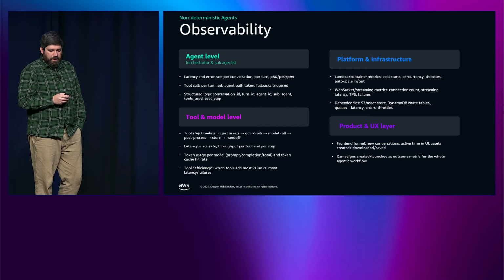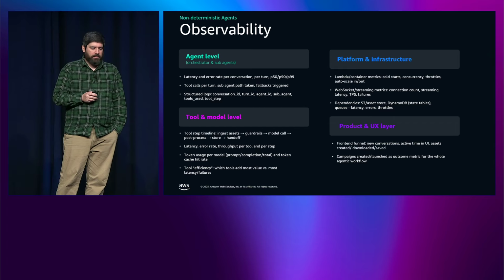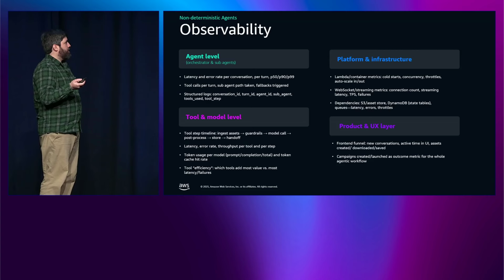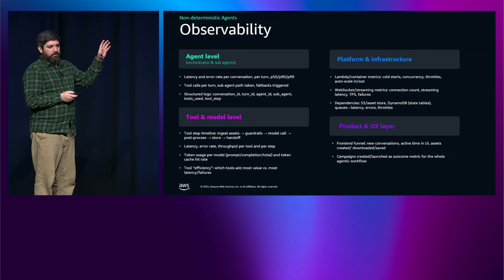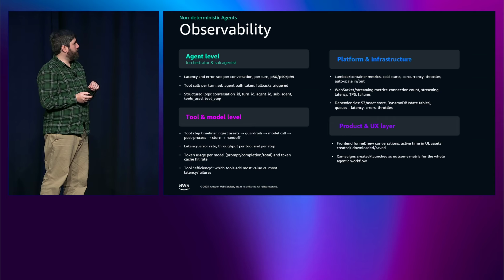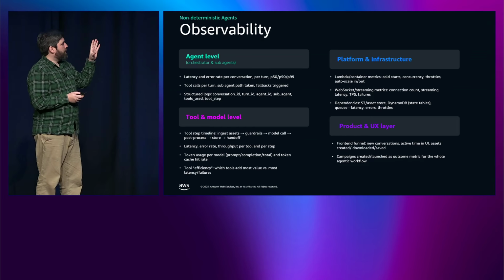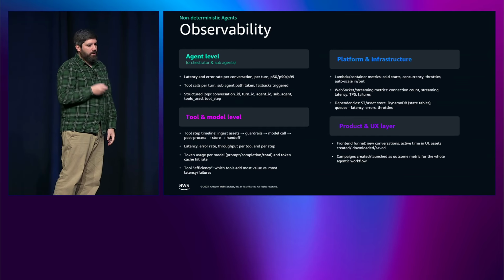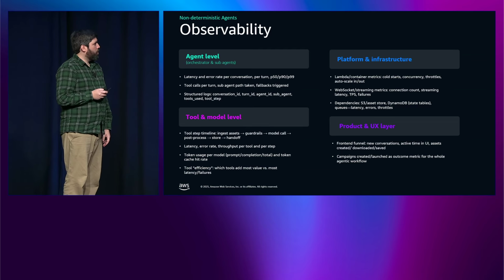Now, non-deterministic systems demand observability at every possible level. You can't debug what you can't see. So as you can see, we divided this very much with the same idea of the architectural layers. We have agent-level observation. Here is where we track latency, tool calls, tool steps, and structure logs.